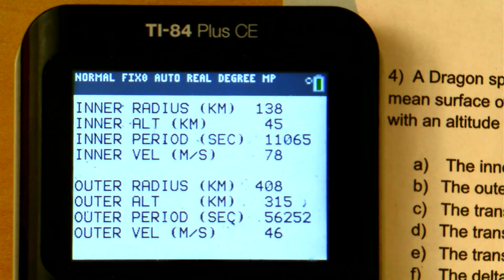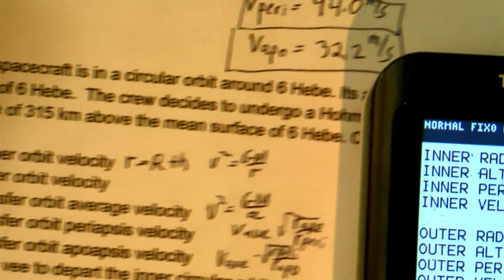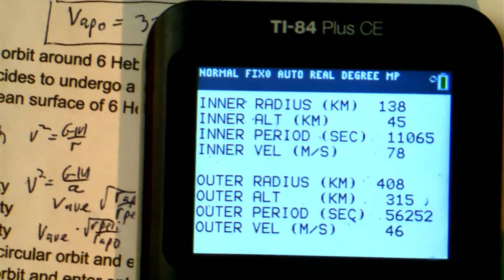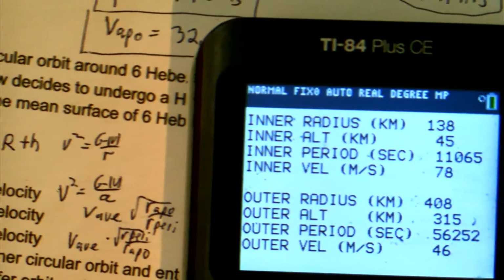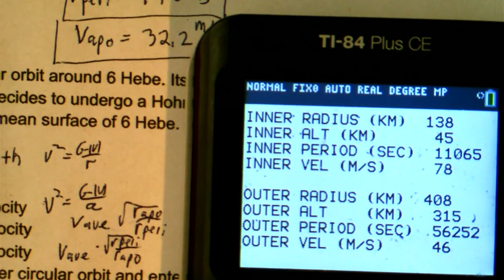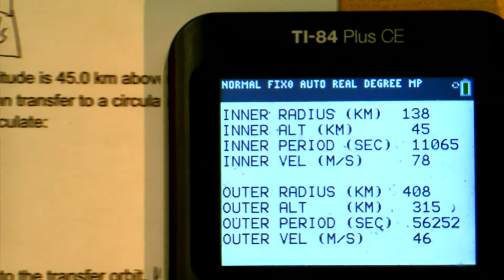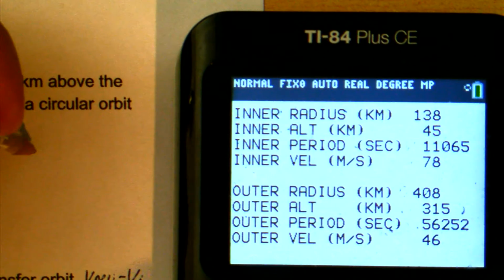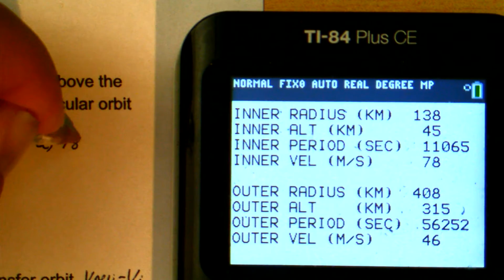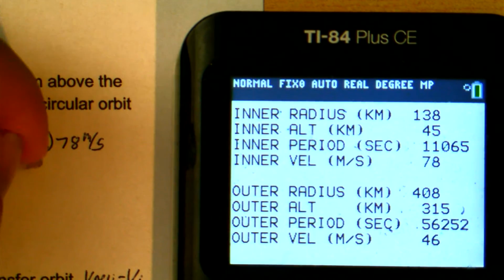So here's all the answers. The inner orbit velocity is 78 meters per second. So there's the answer to part A. The outer orbit velocity is 46 meters per second.